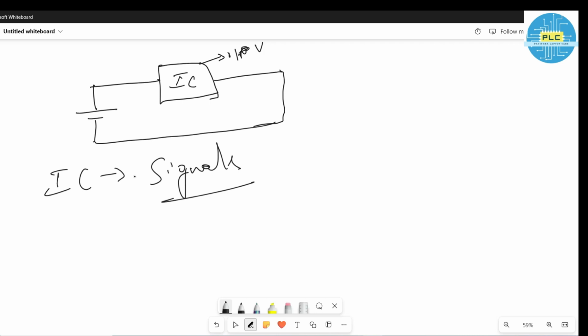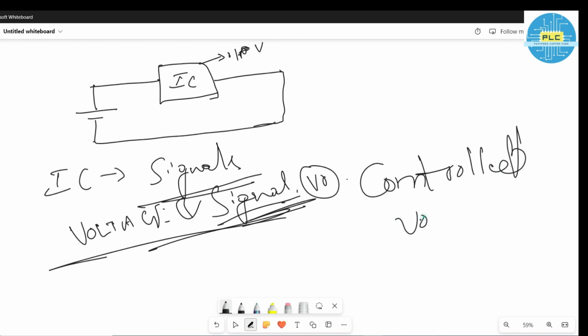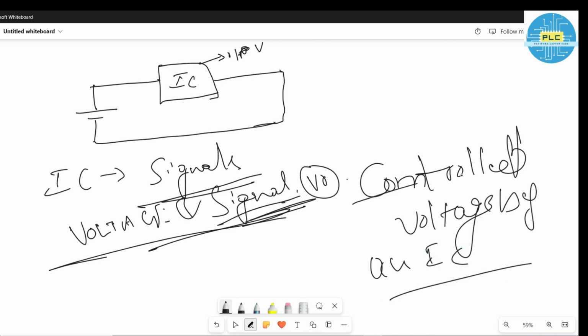The difference between voltage and signal is that a signal is also a kind of voltage, but a voltage controlled by an IC.